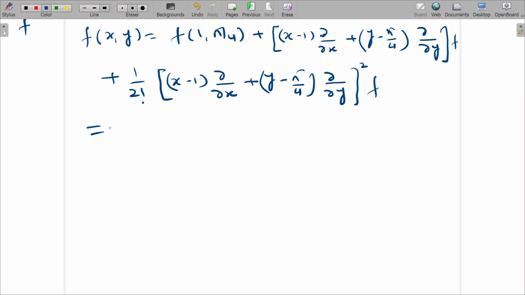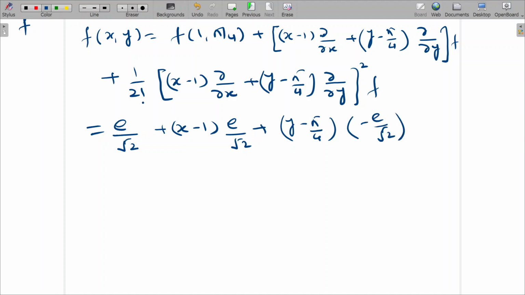So after putting all these values here, we will obtain this expansion as e over root 2 plus (x minus 1) ∂f/∂x. So the value should be e over root 2, plus, next we have (y minus π/4), and the derivative of the function with respect to y is minus e over root 2.